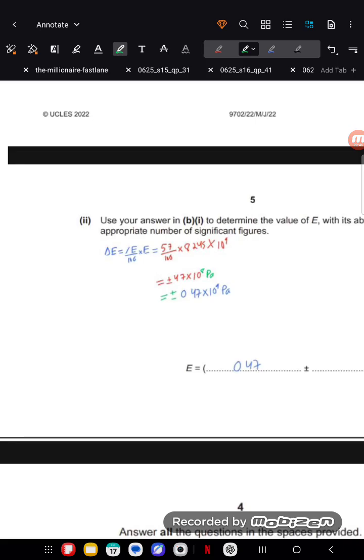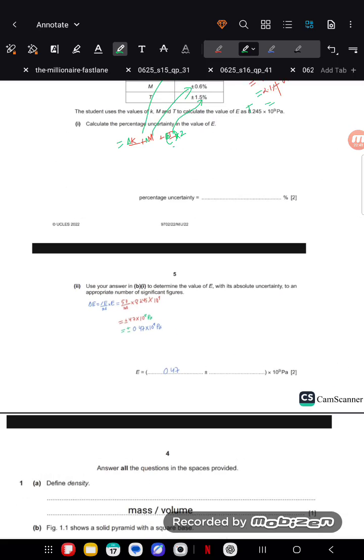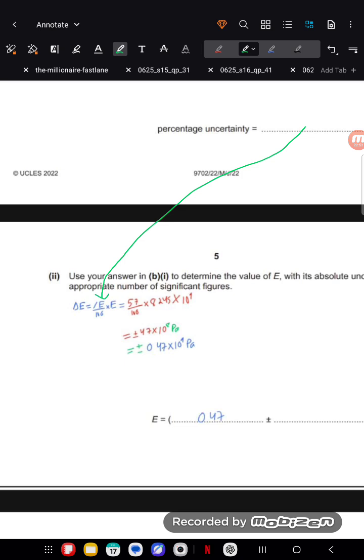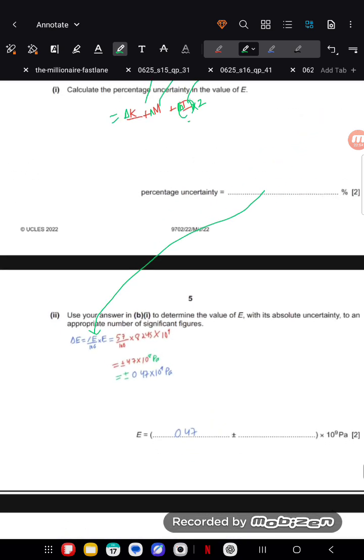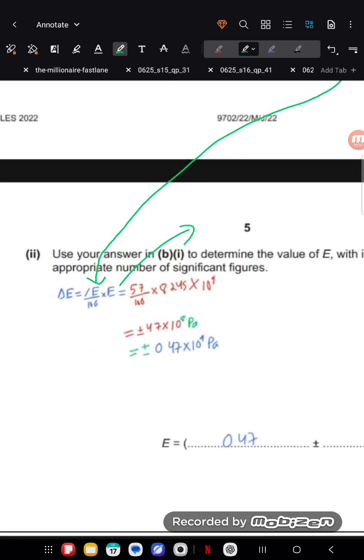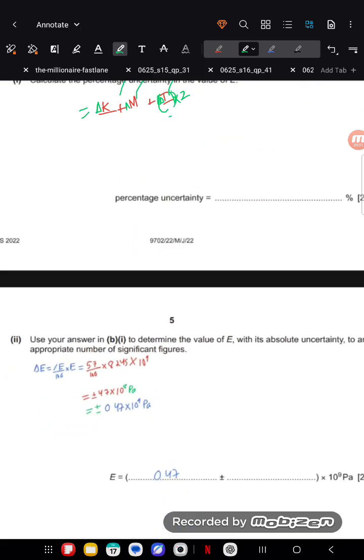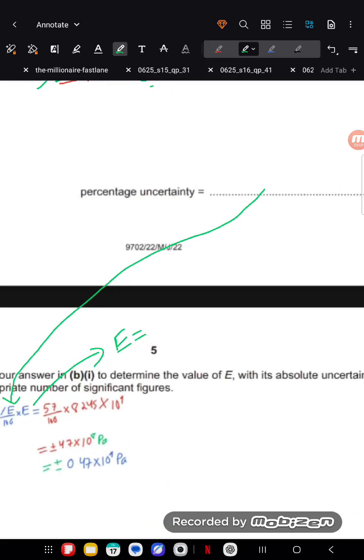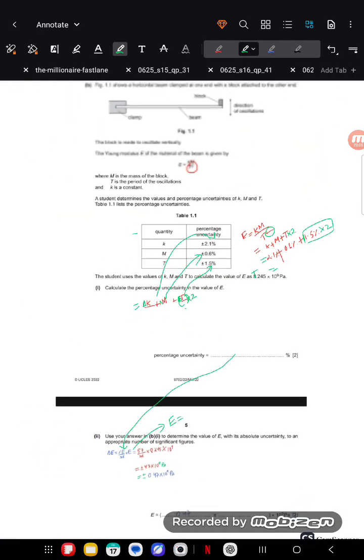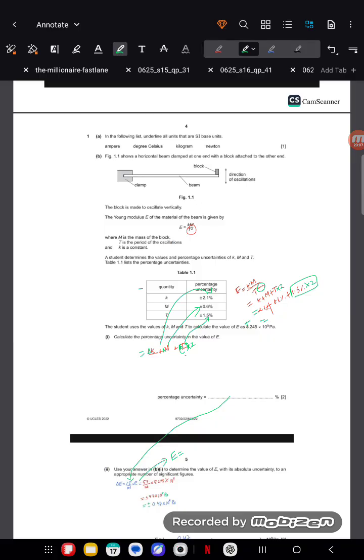So the absolute uncertainty is easy. Whatever answer you get, you just put it here and divide by 3, and to calculate this you have to find the value of V. How to find the value of V? You know the values are given somewhere.